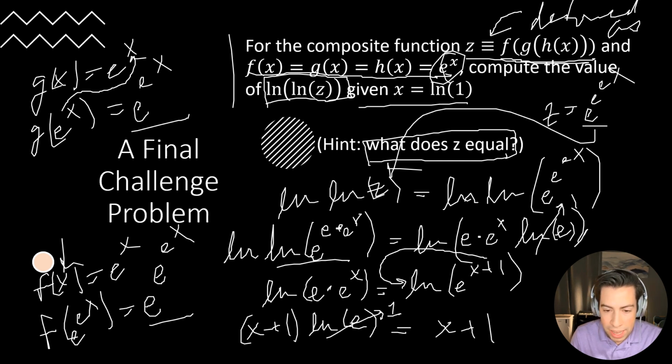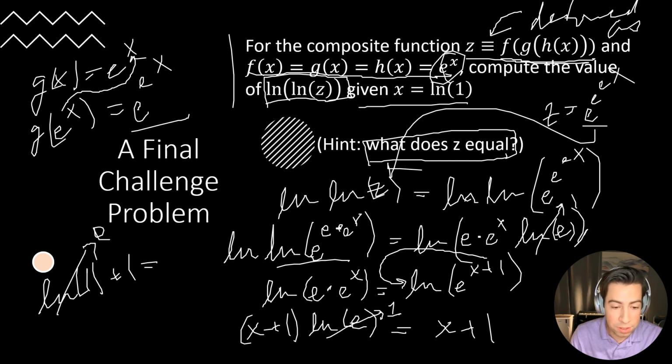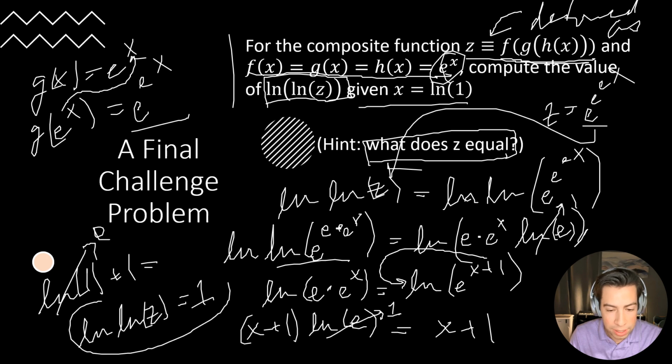And now guys, if x equals natural log of 1, I'm kind of running out of room, but let's see, I'll go ahead and clear some space over here. So if I have that x equals natural log of 1, then I'm going to have the natural log of 1 plus 1. And we know that the natural log of 1, well, that's just going to be 0. So I'm left with the natural log of the natural log of z equals 1. And that is our final answer, guys.